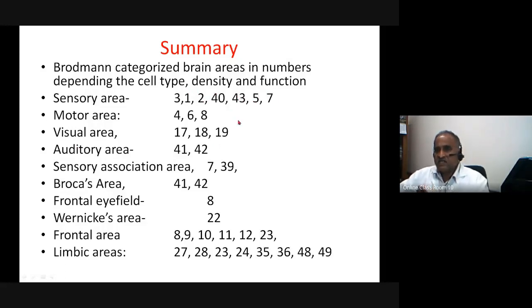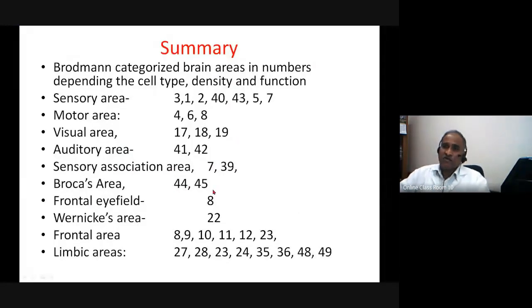The motor areas are 4, 6, 8: M1, M2, and motor association area. The visual areas are 17, 18, 19: V1, V2, V3, V4, V5, because the visual association areas are many. Auditory areas are 41, 42, and some part of 22 and 39. Sensory association areas are 7 and 39.